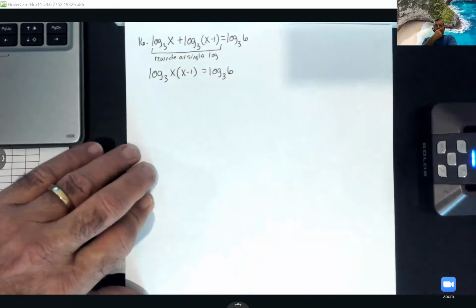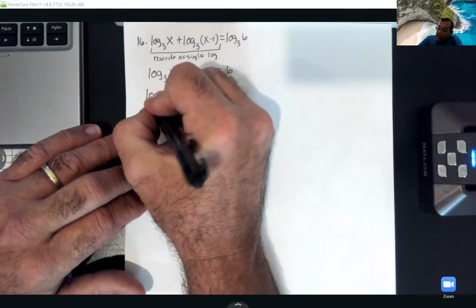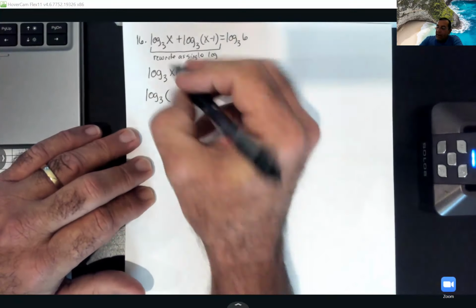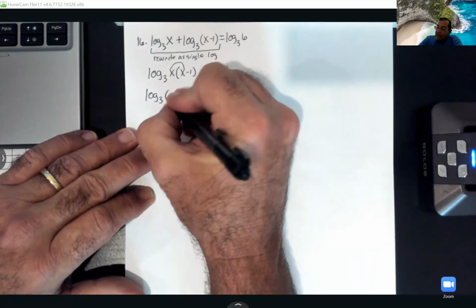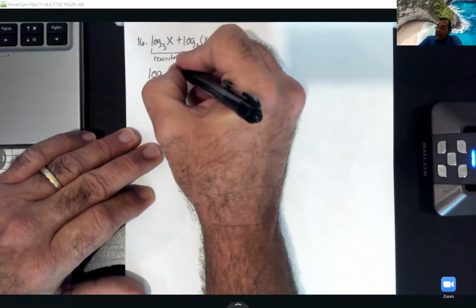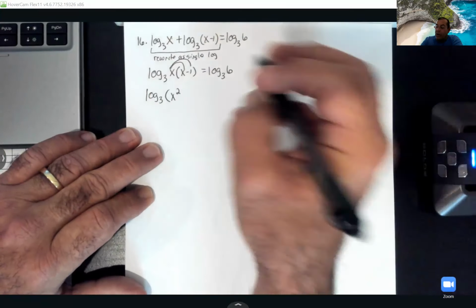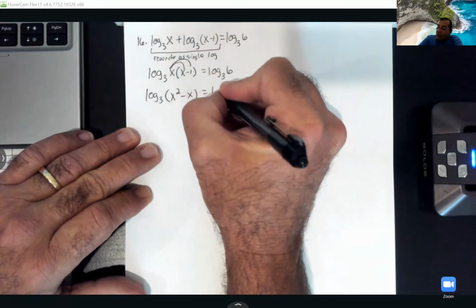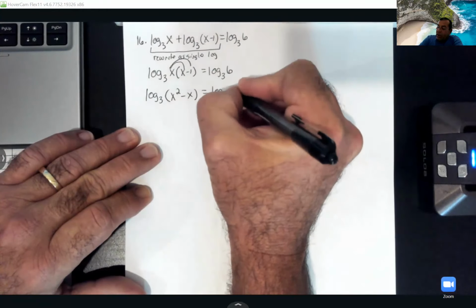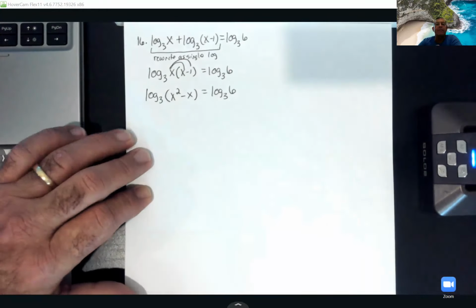And let's go on and multiply this out. So bring down that log 3. x times x is an x squared. x times negative 1 is a negative x. All that equals log 3 of 6.